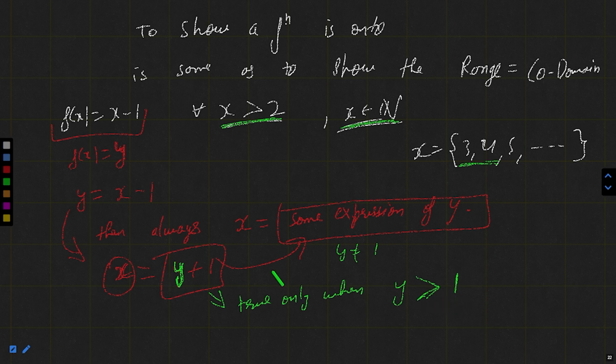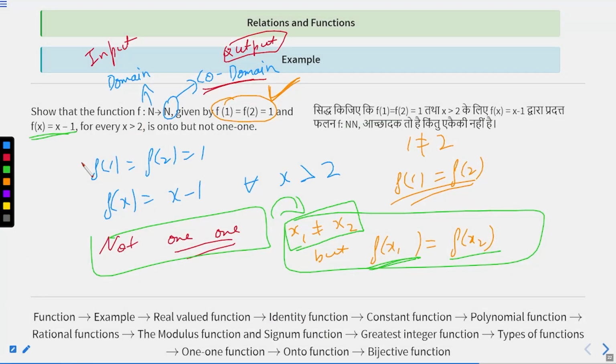Okay. But in order to show that range equals codomain, and we know the codomain is my natural number set, here we just found that one element is not in the range set. So nothing happens, if you look carefully. Another y is given over here.